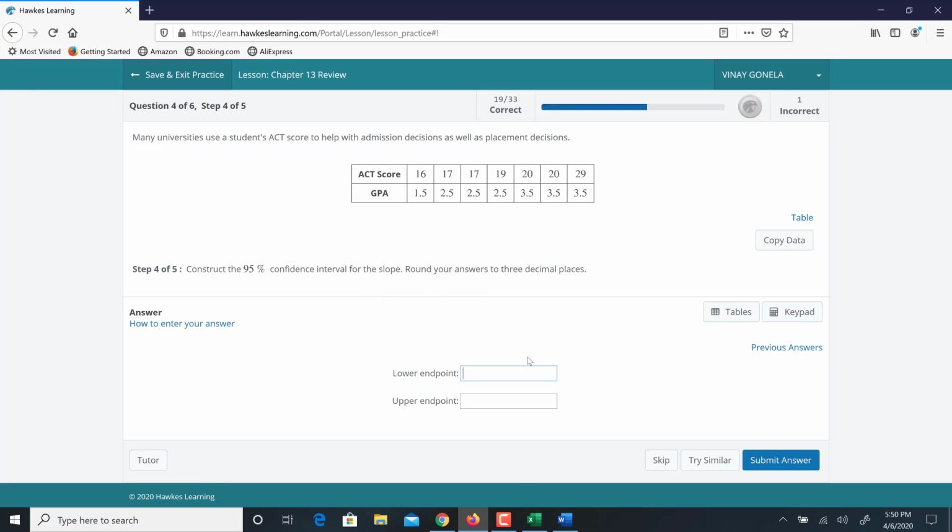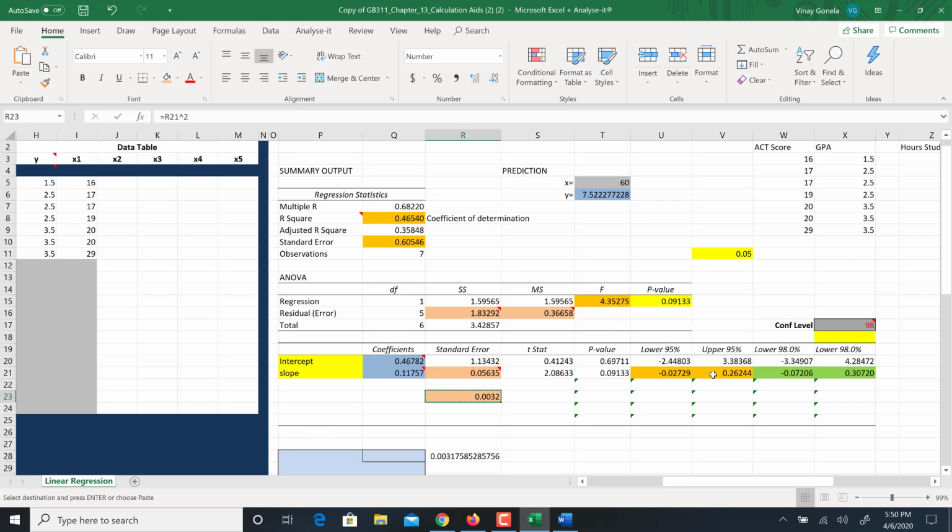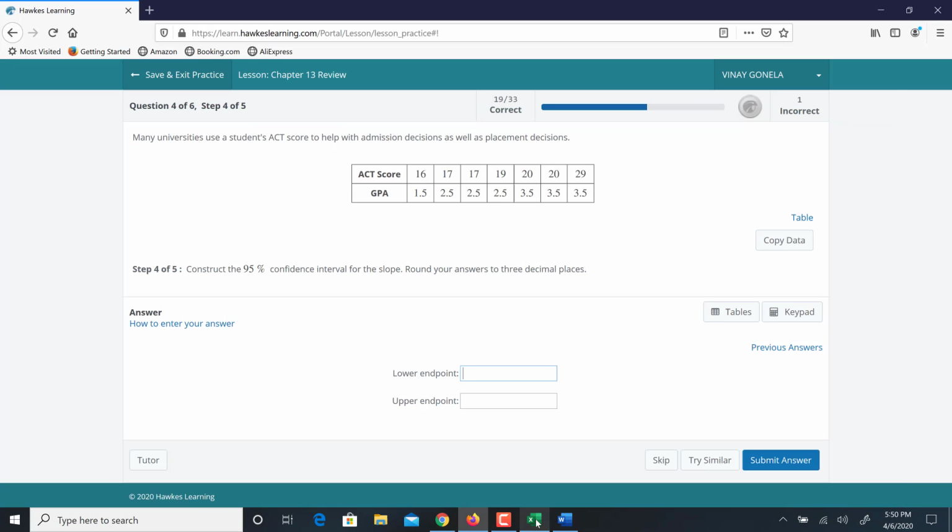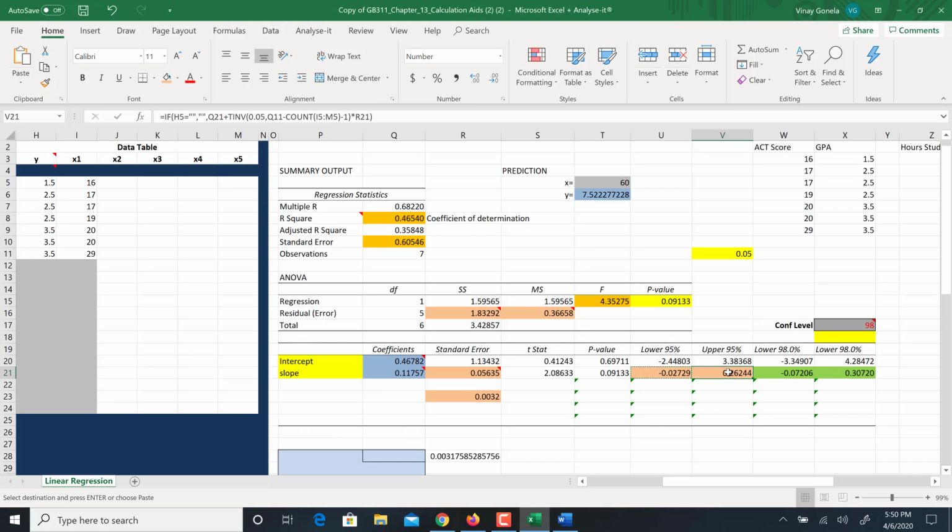And then construct the 95% confidence interval. So the 95% confidence interval for the slope is this value and this value. I will first copy the lower value, because it says lower 95, and copy this here.